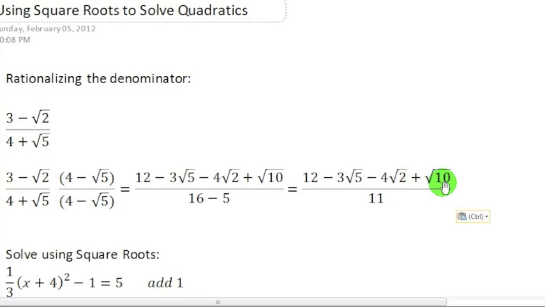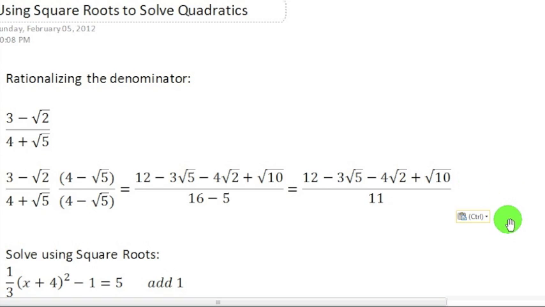I cannot combine radicals with different values underneath, nor can I combine whole numbers with my radicals. Even if every whole number had something in common with 11, I might be able to simplify that way. But in this case, there's nothing in common. This is my solution. As ugly as that may be, it's still my solution.